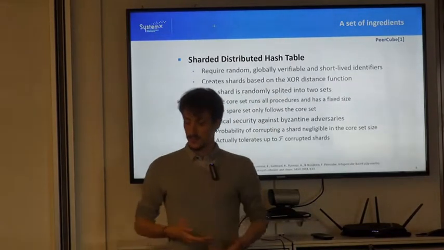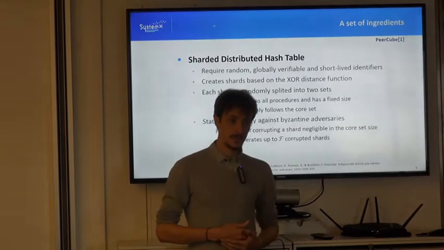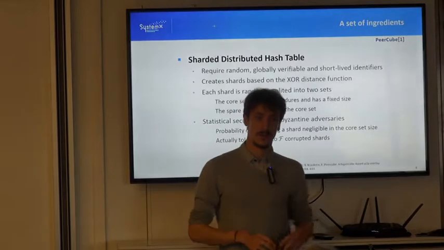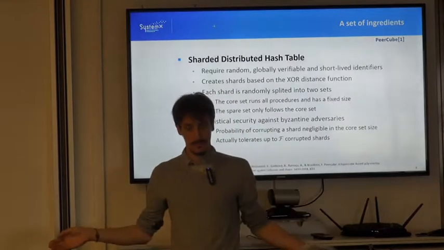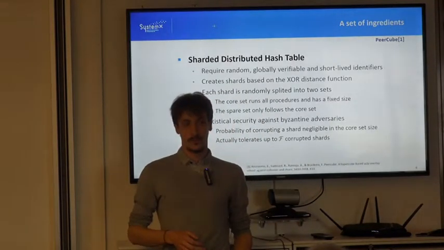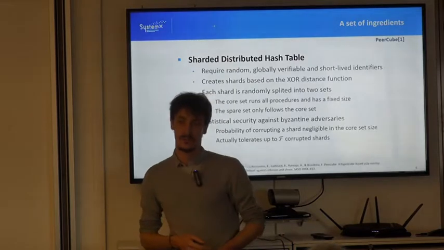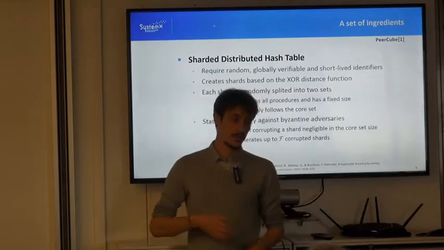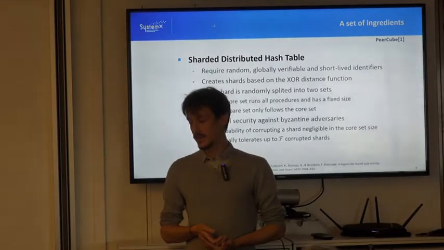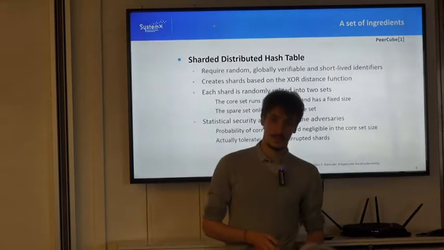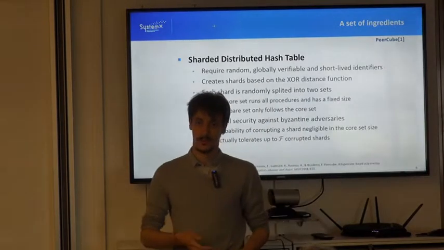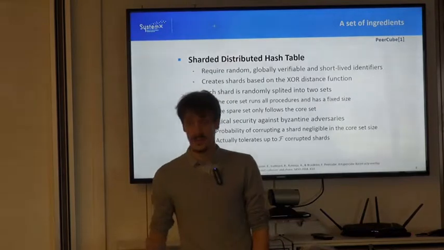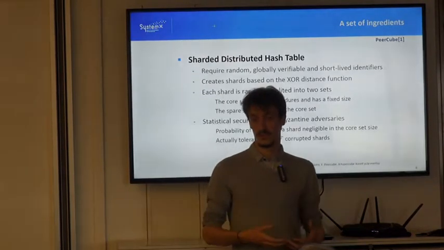And the nice property about PeerCube is that we get some notion of security against a Byzantine adversary because all the malicious nodes are spread into all the shards. And so we say that a shard is corrupt when there are too many malicious nodes within the core set. And the actual probability of having any shard corrupt decreases exponentially with the core size.